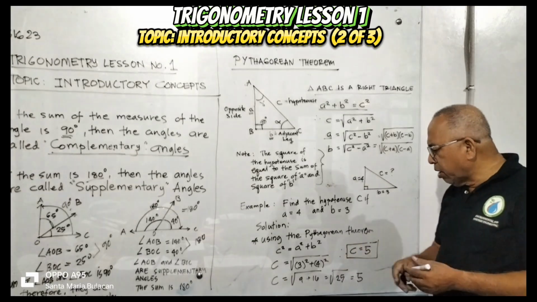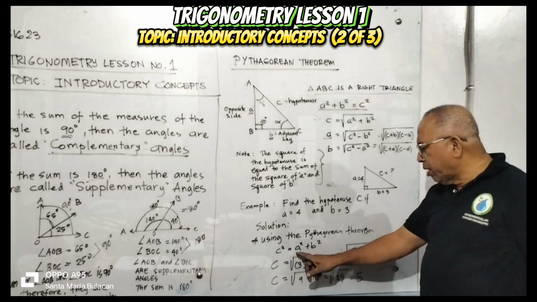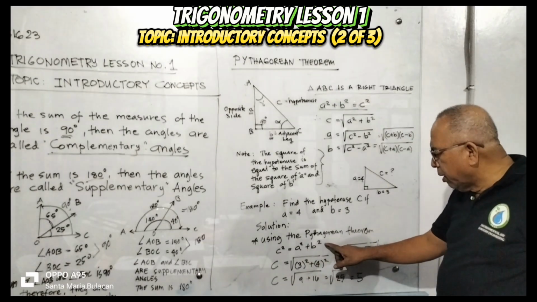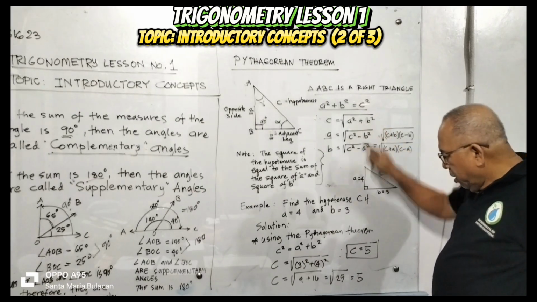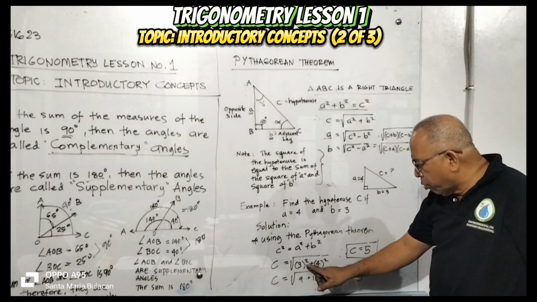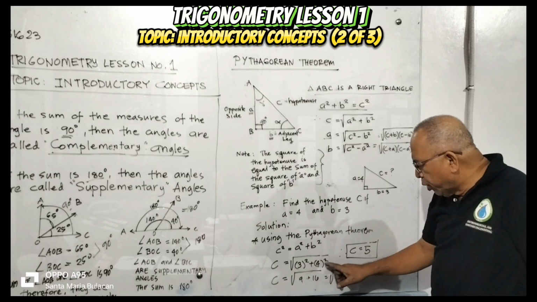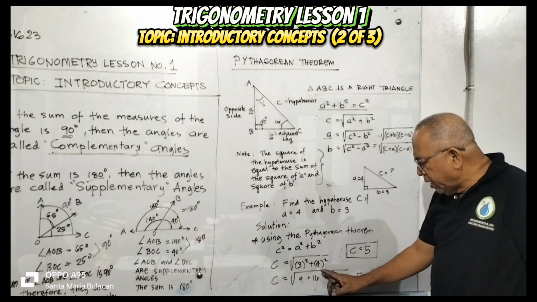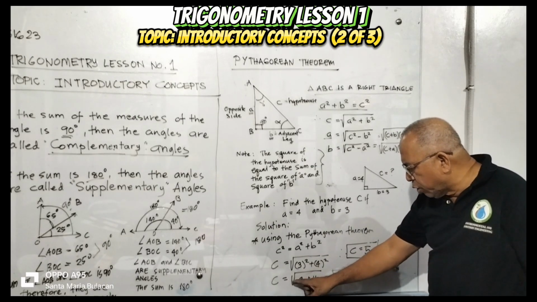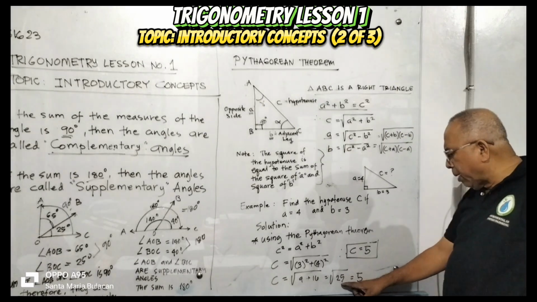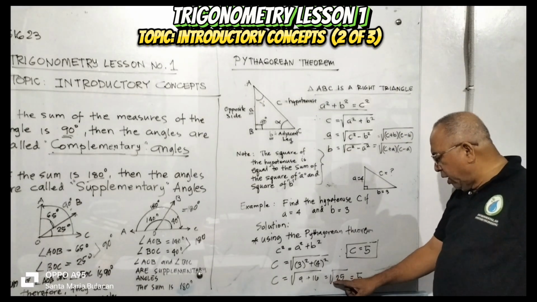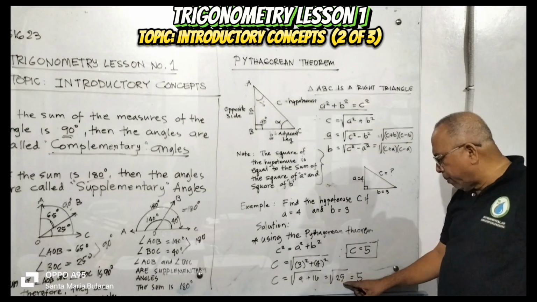So, sabi sa Pythagorean, C squared is equal to A squared plus B squared. Then, applying now the formula, ito yung formula na to. So, 3 squared and 4 squared. Ang total niyan, therefore, ang square root of 9 plus 16. So, kung i-add natin ang 9 plus 16, it will give us 25. So, therefore, C is the square root of 25.